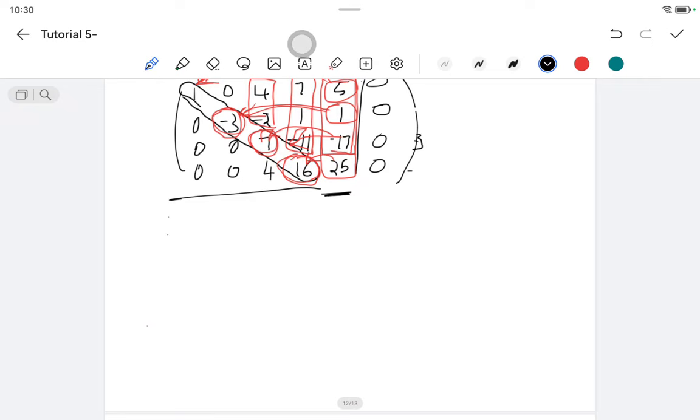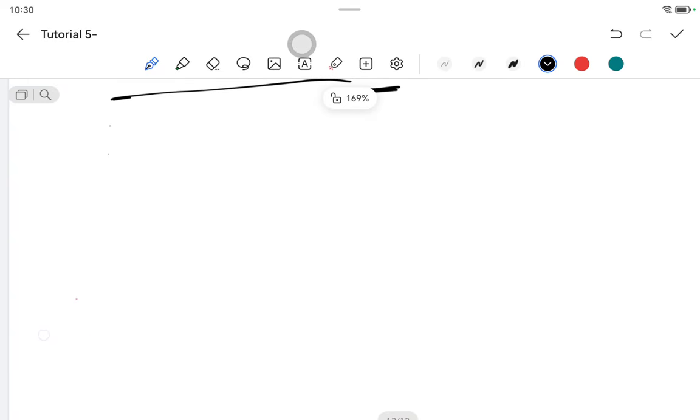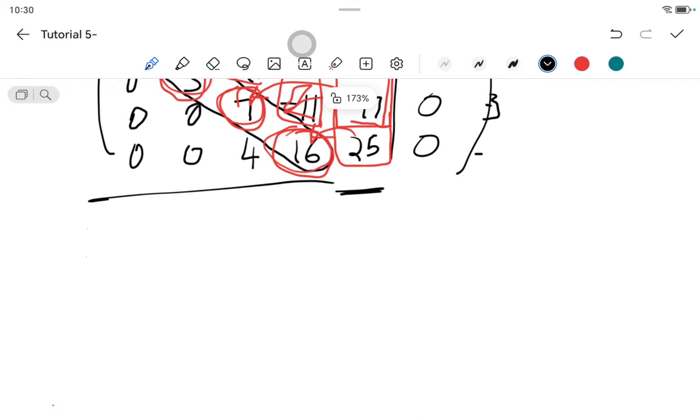Let me try to wipe this screen. I don't know why it seems like it's oily or something. Oh, this pen is starting to overreact. Let me not try. Let me see.